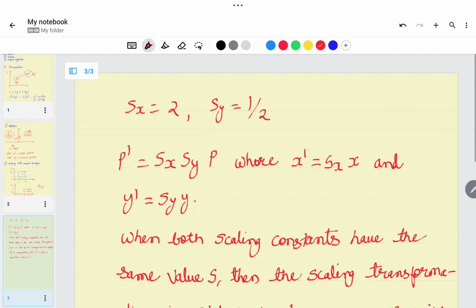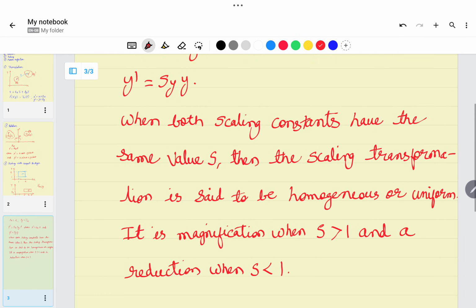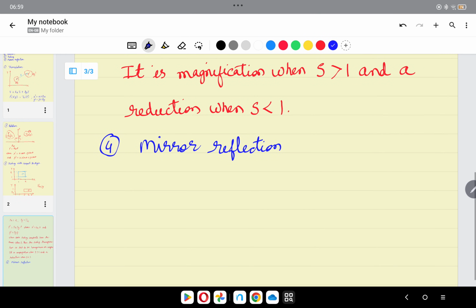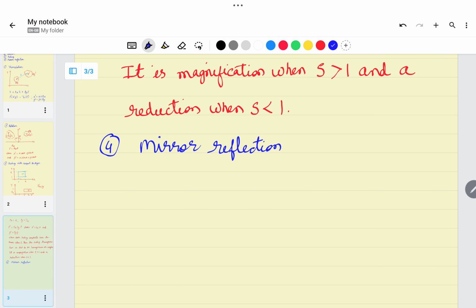Another transformation is mirror reflection. Mirror reflection about x axis or y axis.